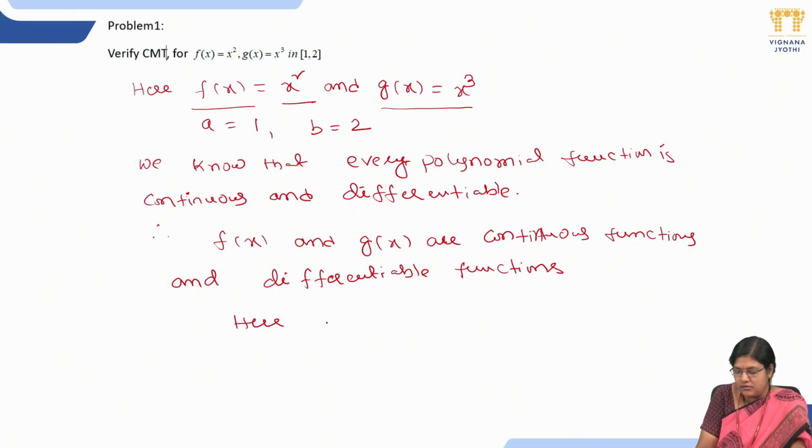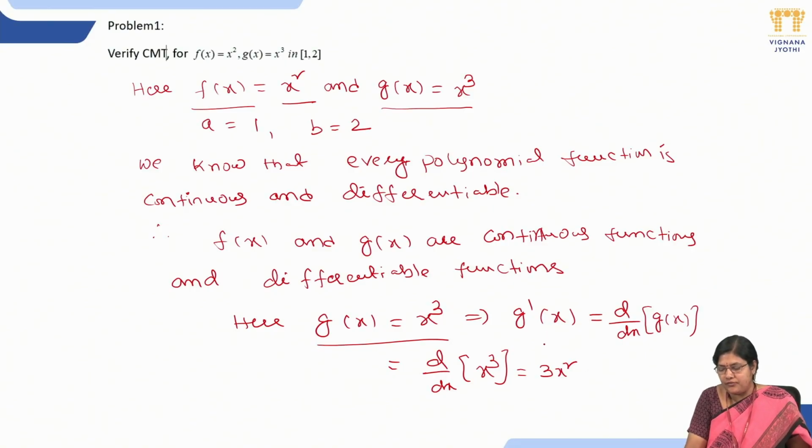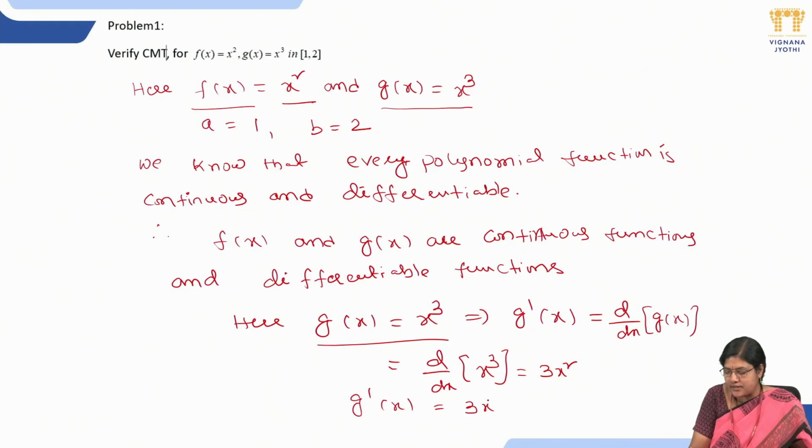Here, g of x is equal to x cube. That implies g dash x is equal to d by dx of g of x, that is d by dx of x cube. Derivative of x cube is 3x square. Therefore, g dash of x is equal to 3x square.